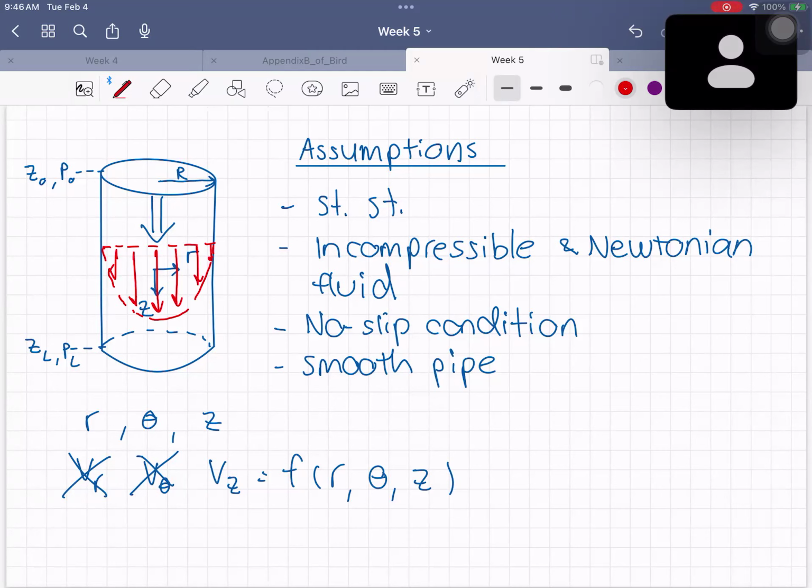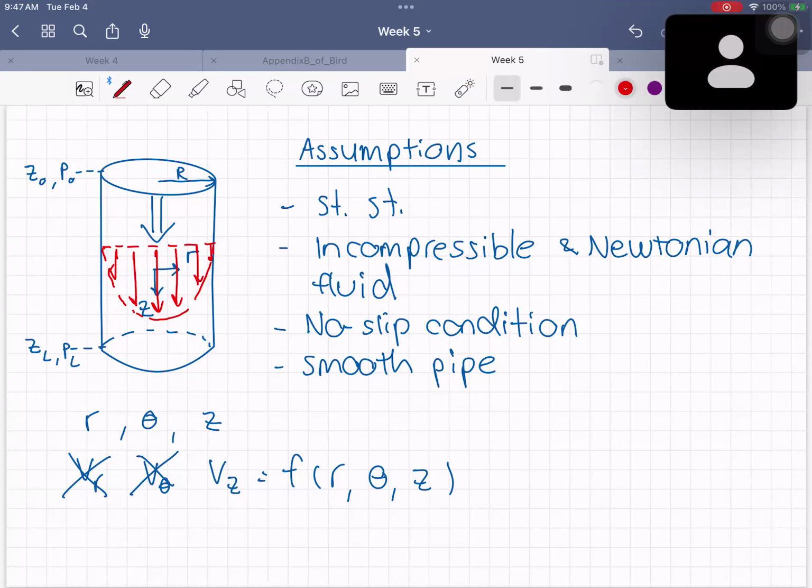Even if it's turbulent flow, the velocity will also vary along the r direction, but it's not a parabolic shape. So you can see right here that Vz changes in the r direction. That means that Vz is a function of r. And the red graph right here is what we're going to determine.